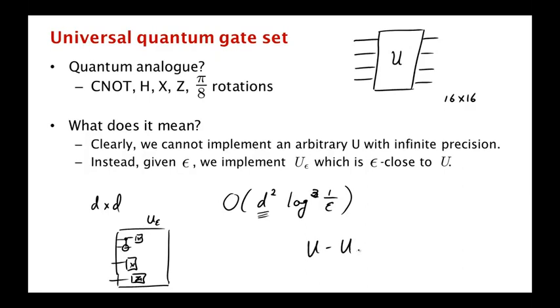So U minus U epsilon in operator norm is at most epsilon. Which is another way of saying that if you apply both of these circuits to the same quantum state, the states that result in the two cases are going to be epsilon close to each other in Euclidean norm.